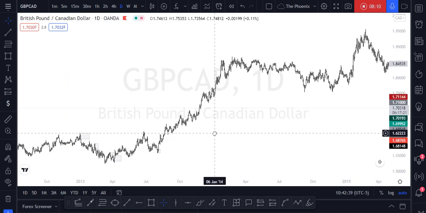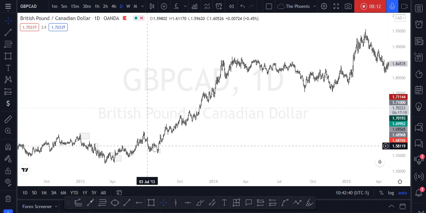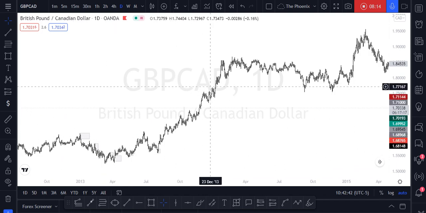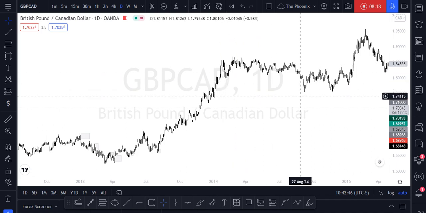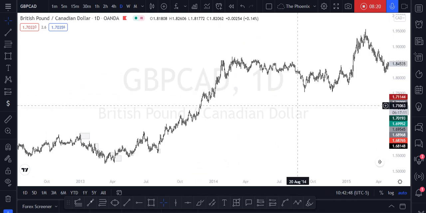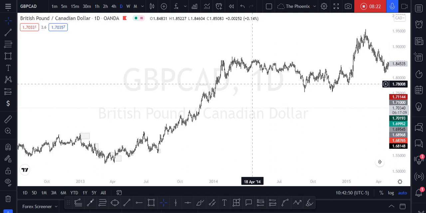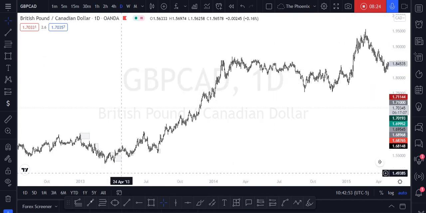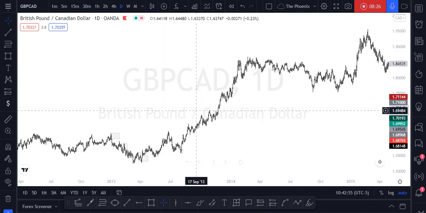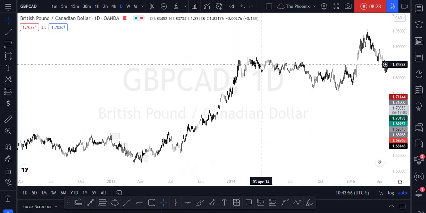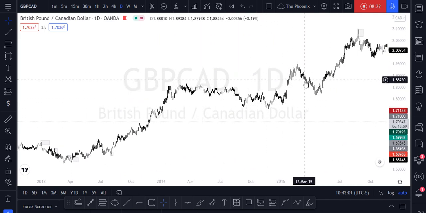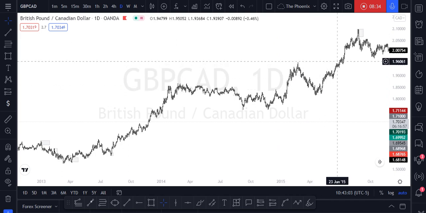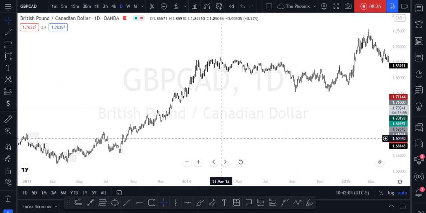Sometimes the order blocks, as I said, can cause reversals or they can cause retracements, not necessarily a change in the direction of the market, but more of a retracement and then a continuation. So this is an uptrend, for example. We can clearly see that price is going up. There's a consolidation period here, continued up, came down and continued up.